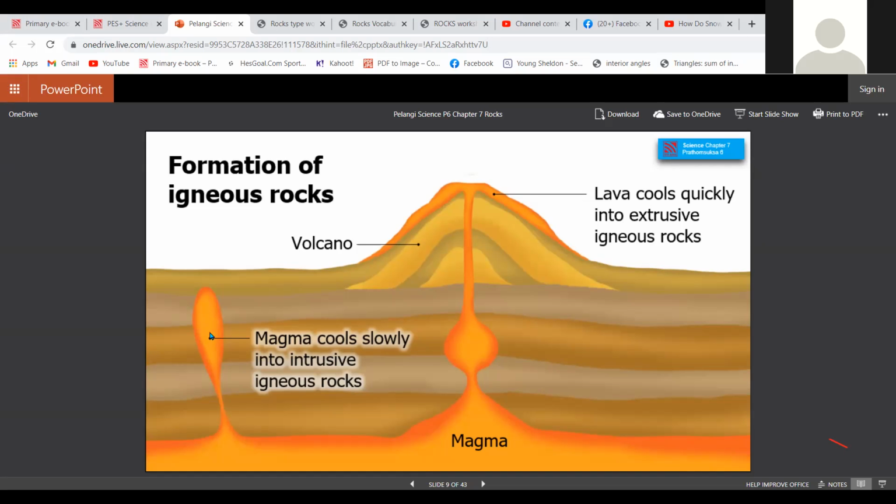When the magma goes up but it cannot go out of the surface, it cools down slowly to give you what kind of rock? What kind of rock is that, Bonus?